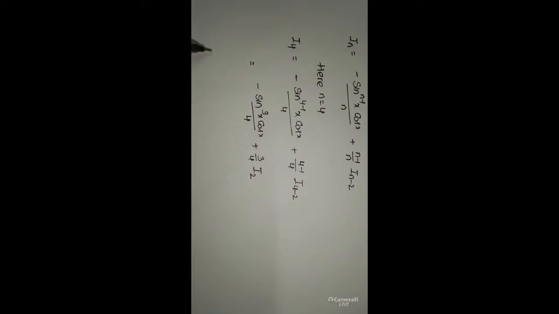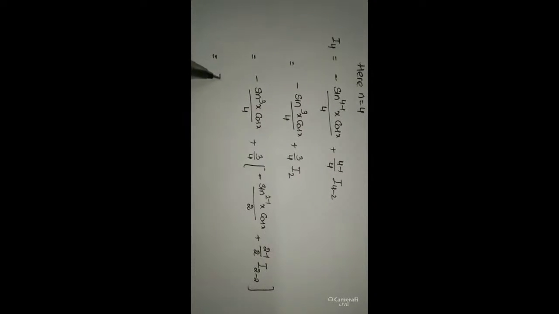So this is equal to minus sin cube x into cos x by 4 plus 3 by 4 into, again replacing n is equal to 2 in the formula, that is minus sin^(2-1) x into cos x by 2 plus (2 minus 1) by 2 into I(2 minus 2). Simply we take that n is equal to 2 in the formula.